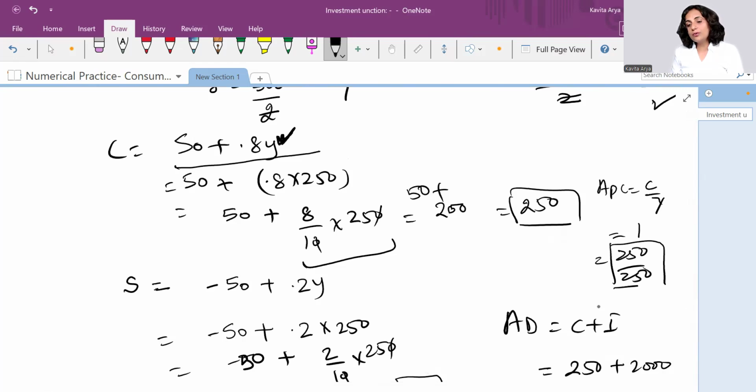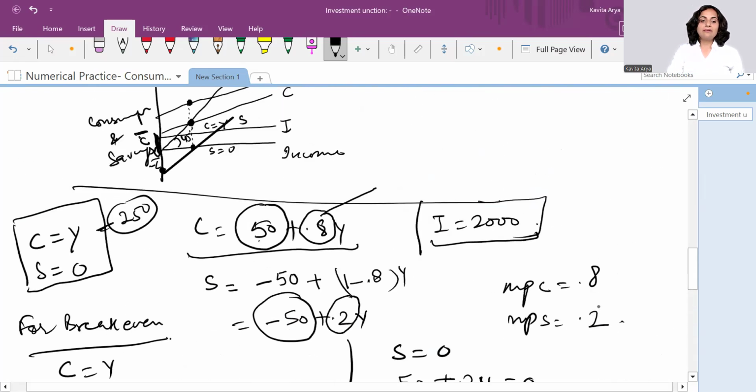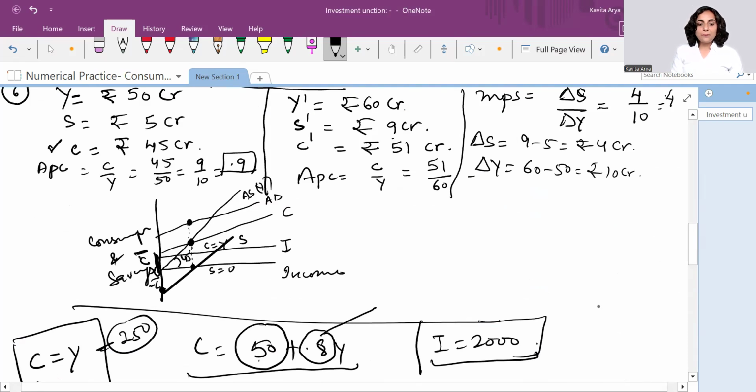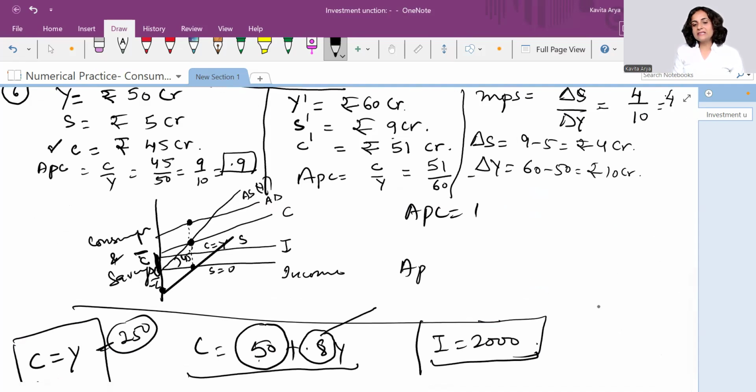And we also know this that APC is equal to 1 at break even because while doing the diagrams, I've told you several times that break even point shows APC is equal to 1 and APS is equal to 0. Why? Because here it is C by Y and here C is equal to Y. So APC becomes equal to 1. Here S is equal to 0.